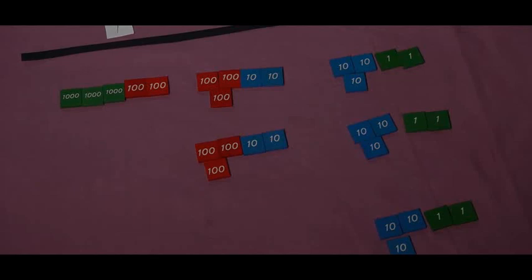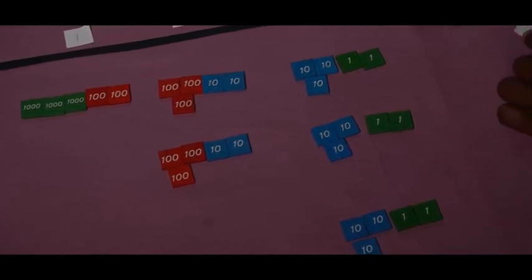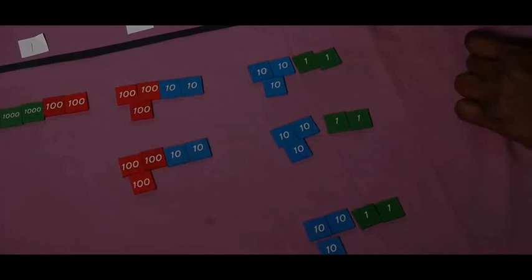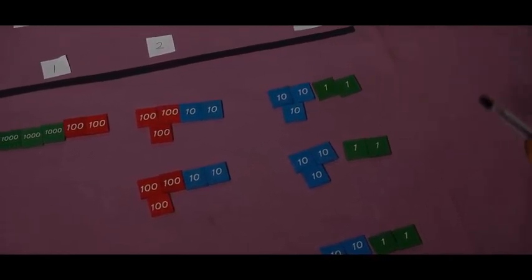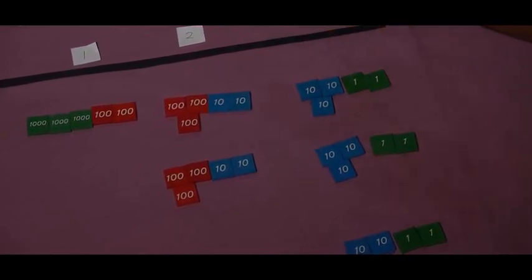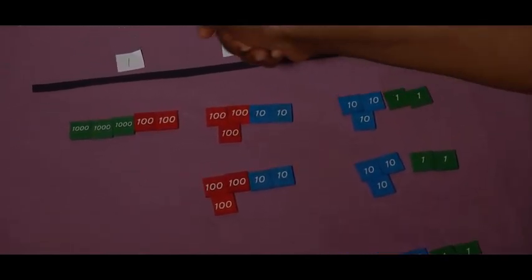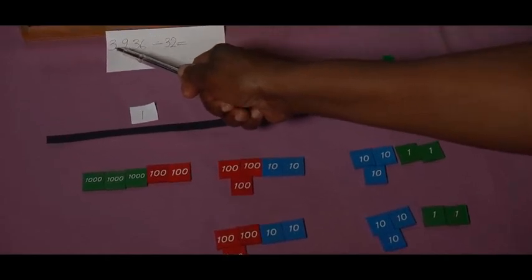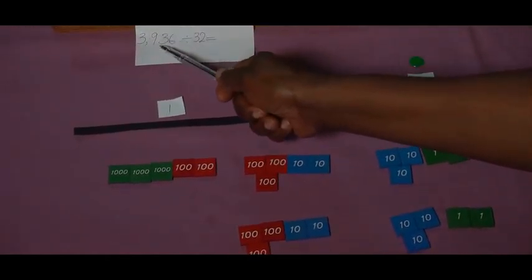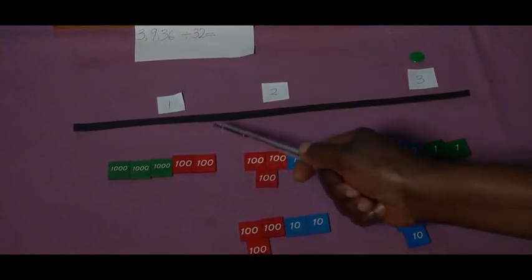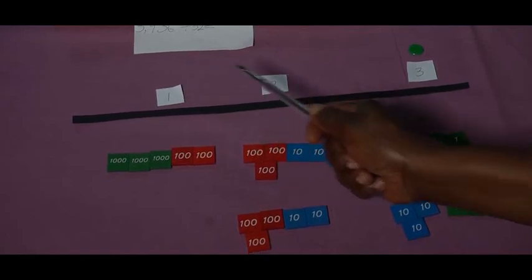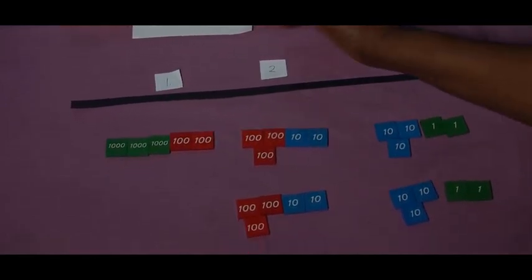I mean 3 groups of 32 units. So I write 3. So we have a quotient here. 3,936 divided by 32. We are having a quotient of 123. I'm going to write that here.